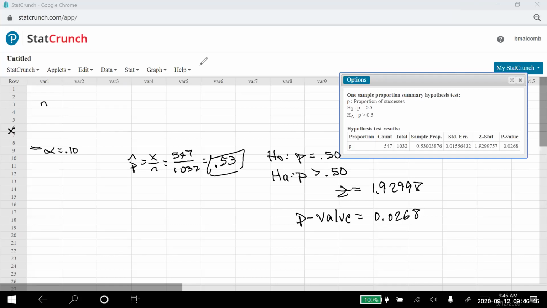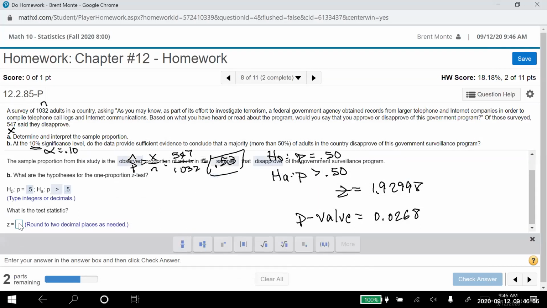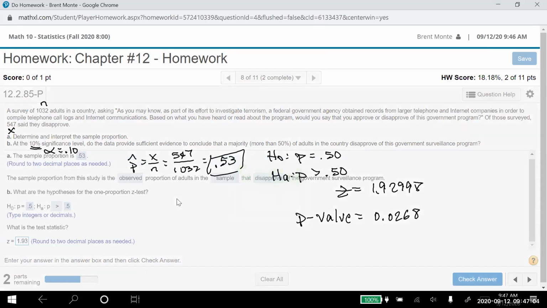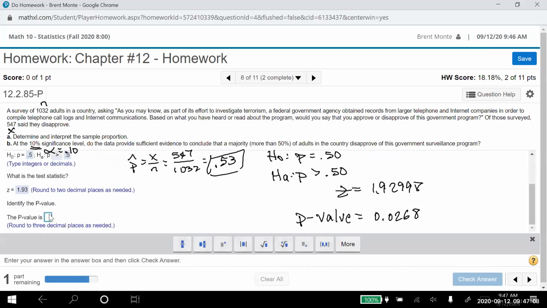Let's go answer our questions. I think we can still see everything there. So my z value to 2 decimal places, 1.93. The p-value to 3 decimal places, 0.027.